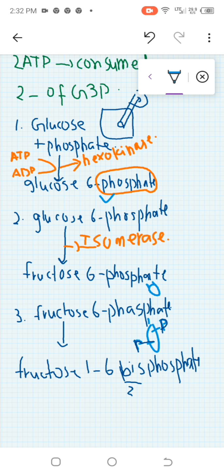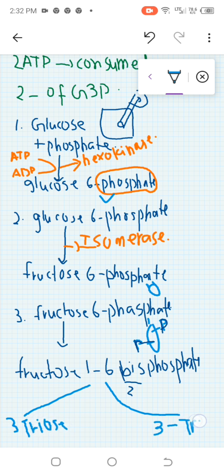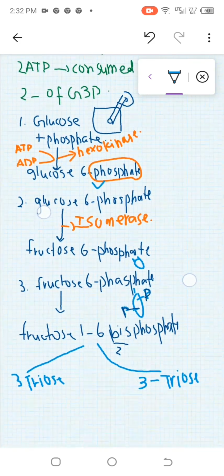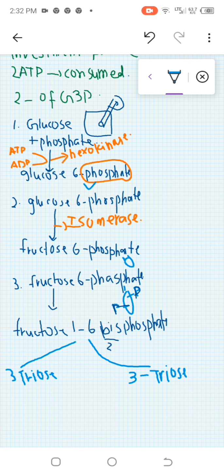After that, this 1,6 bisphosphate is converted in two steps, because this is very unstable, so it is converted into trioses. We have two trioses. As we have studied in chemistry, one is a ketone and one is an aldehyde. So this will convert into an aldehyde, and this is converted into a ketone.